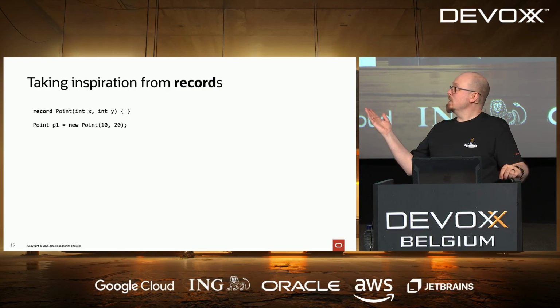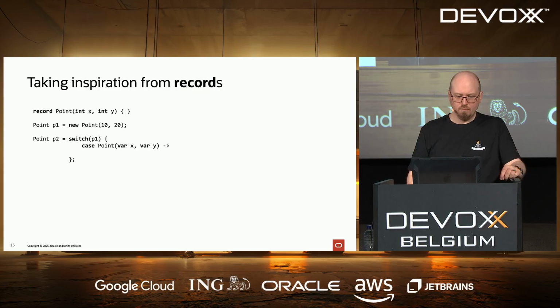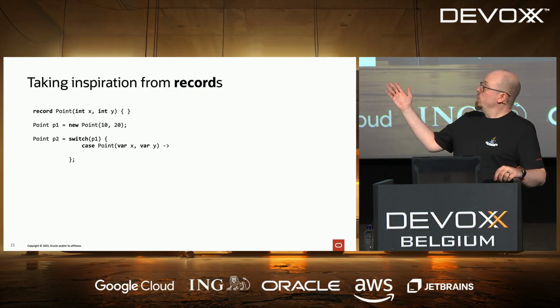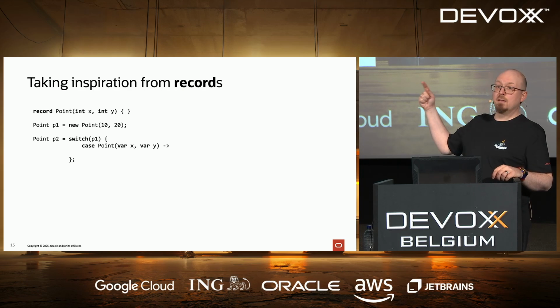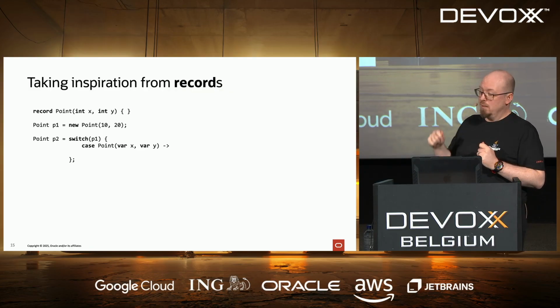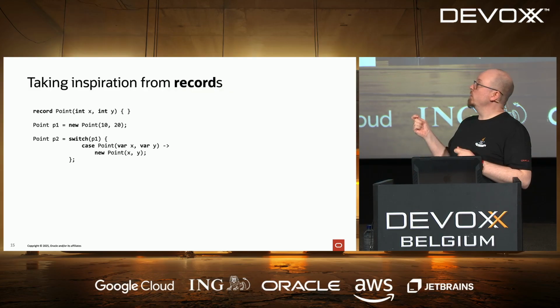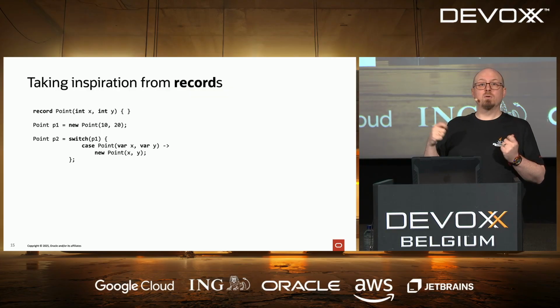We can create instances because we get the default canonical constructor. Then we can use record patterns to extract the individual coordinates from the point, and then recreate a new point with those exact values.